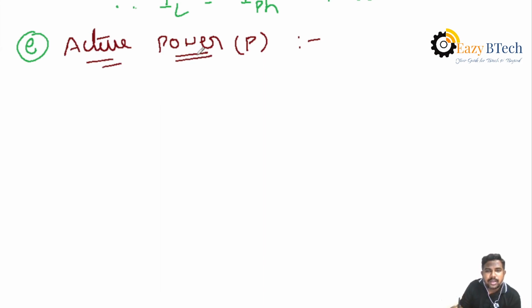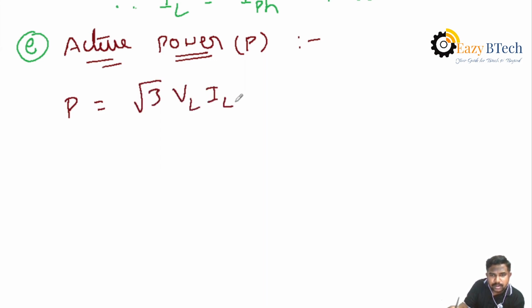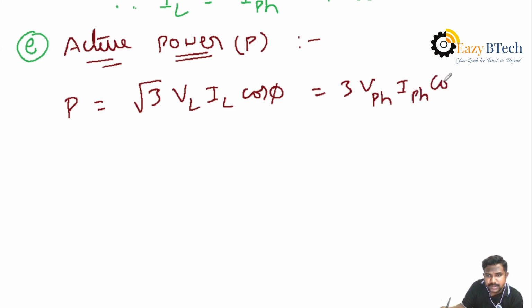Then in a three-phase system, what is the formula for active power? We know active power P equal to root 3 VL IL cos phi, or in the form of phase values, 3 VPH IPH cos phi.